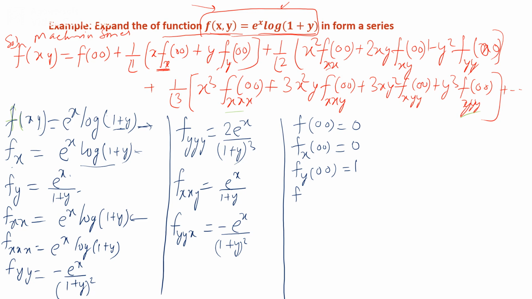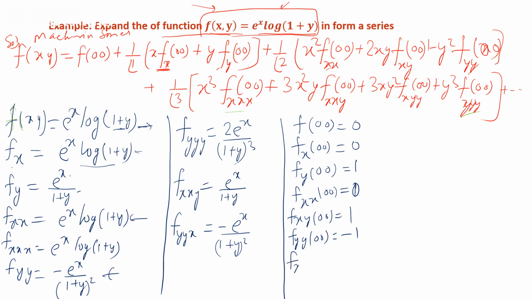F_xx at (0,0), again we get 1. F_xy at (0,0), we get 1. Sorry, f_xx, that is 0. F_yy at (0,0), we put e raised to power 0, 1 plus 0, so we get minus 1.